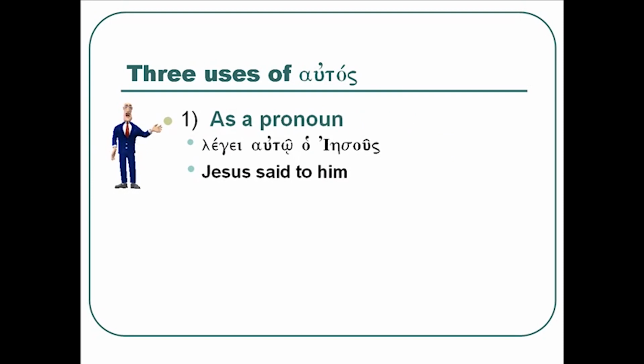The first is as a third person personal pronoun. In the example, legei autō ho Iēsous, Jesus said to him, autō is simply used as the third person personal pronoun in the dative form in this case.